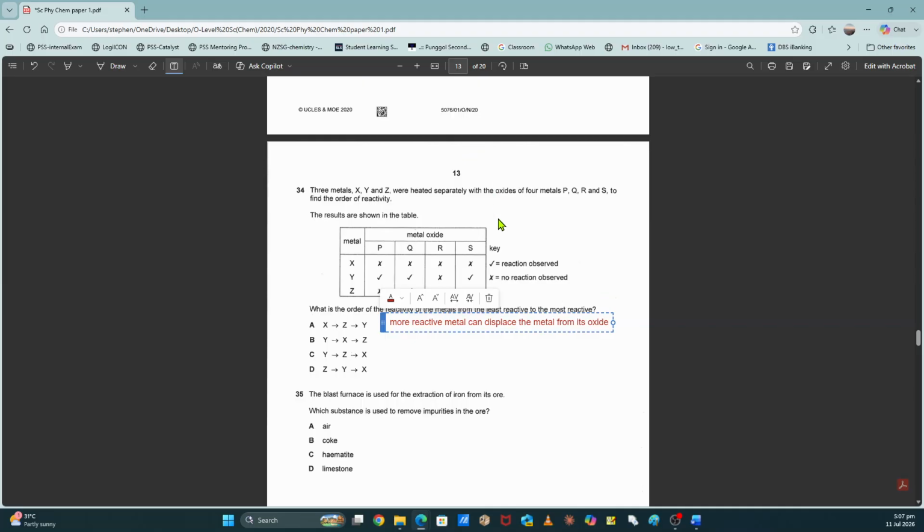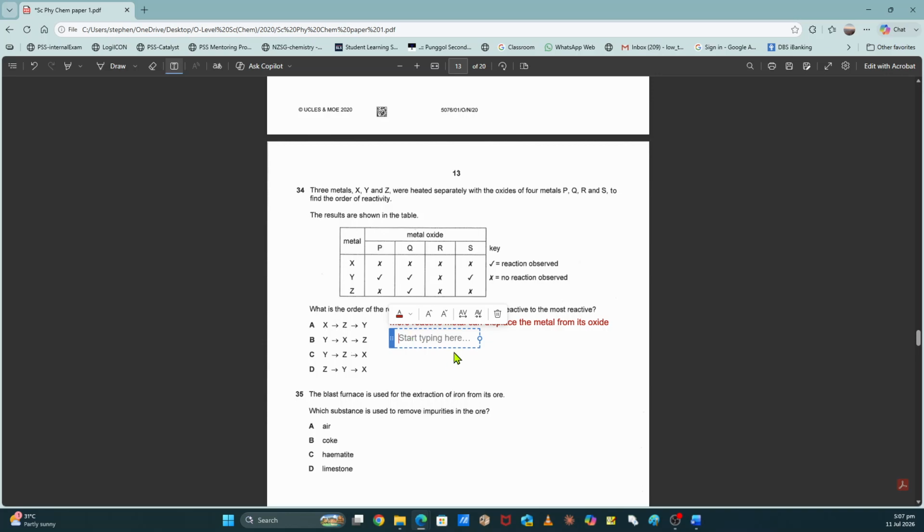Okay, this is what it means. So obviously X is the least reactive, and you can do the second one. Why can't it displace R?